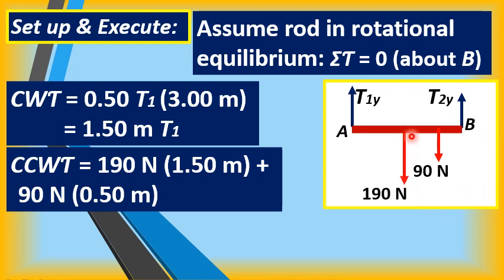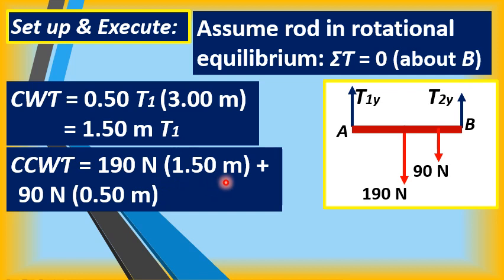In other words, it's going to make the rod rotate in counterclockwise direction, and that's also true for the 90 newton force. So in my equation here, for the sum of the torques that will cause the rod to rotate in counterclockwise manner, we have the torque due to the 190 newton force.